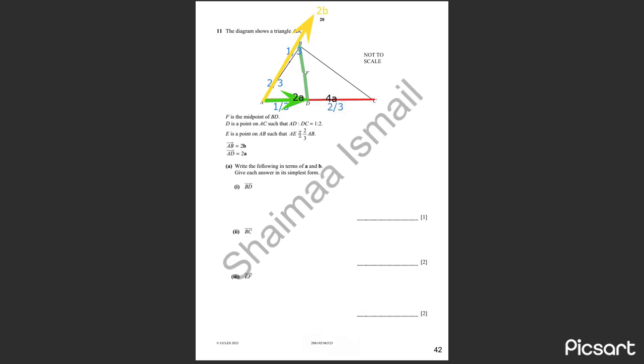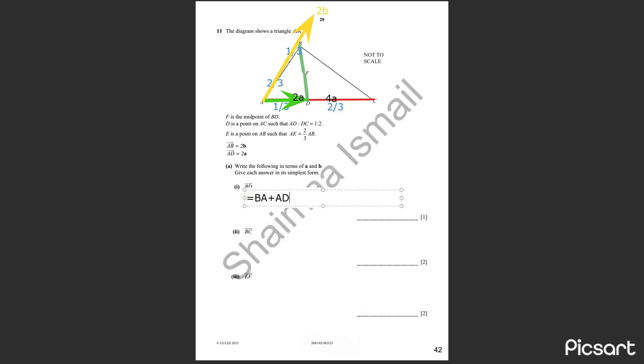Okay, so let's see BD. Let's move from B to D. So if we want to move from B to D, let's do this. This is B, and this is D. So we can say BA plus AD. Is it right? So here the BD will be equal to BA plus AD.